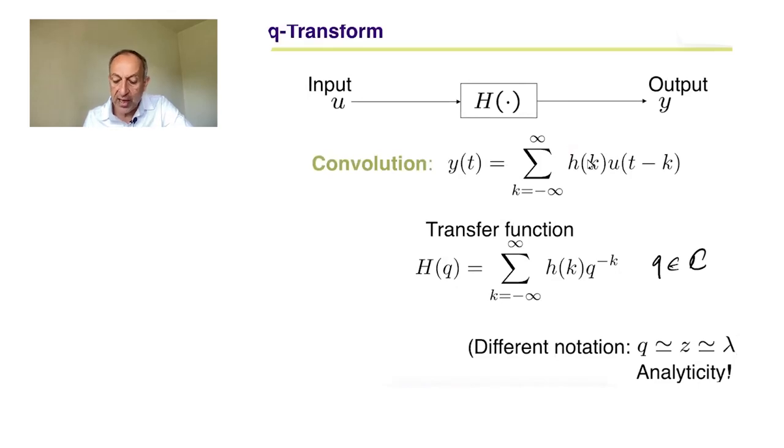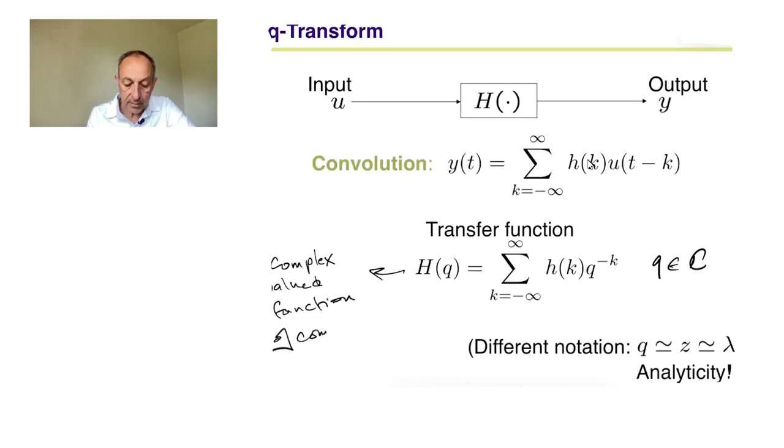So what you're doing is you're mapping h of k to a complex valued function of complex variables. That is, it itself becomes complex and it acts on a complex quantity. So we go from a time sequence into this function of complex variables.